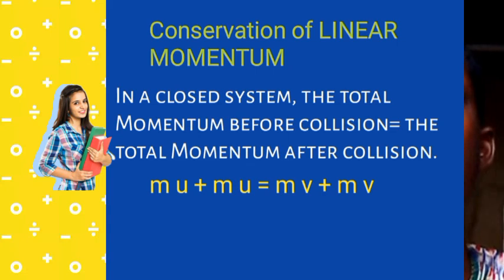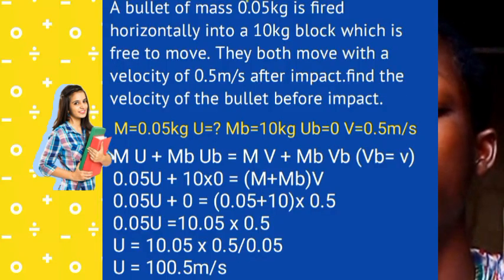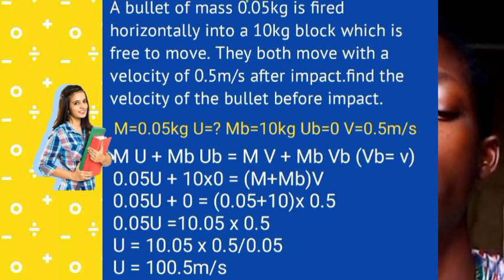We are moving forward to conservation of linear momentum. The conservation of linear momentum says in a closed system, the total momentum after the collision is equal to the total momentum before the collision. For example, a bullet of mass 0.05 kg is fired horizontally into a 10 kg block, which is free to move.